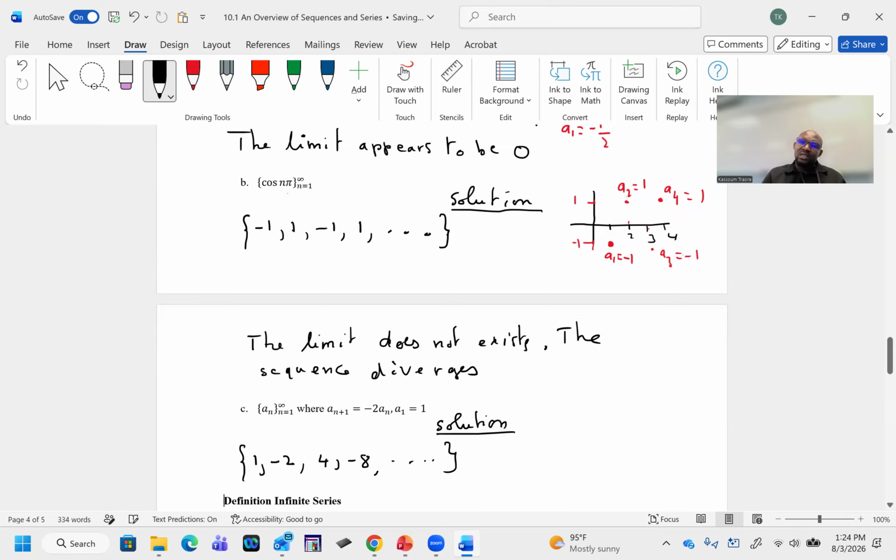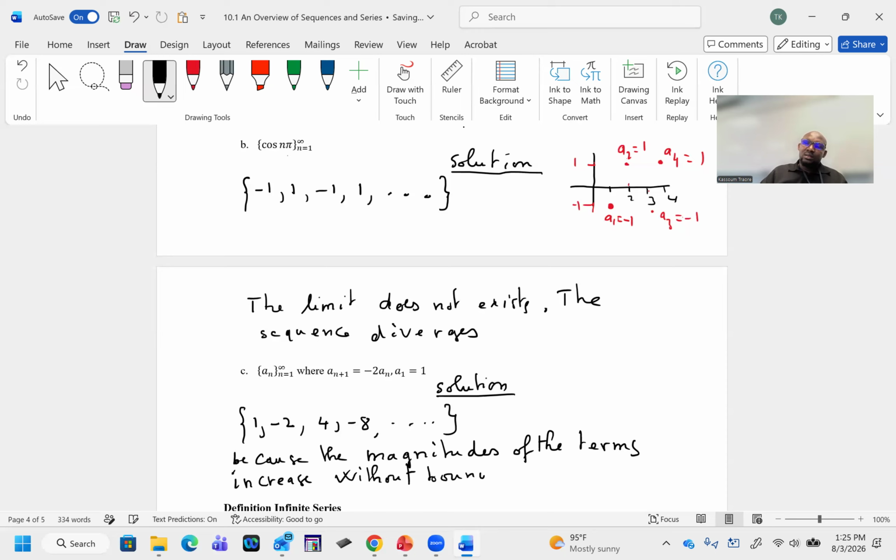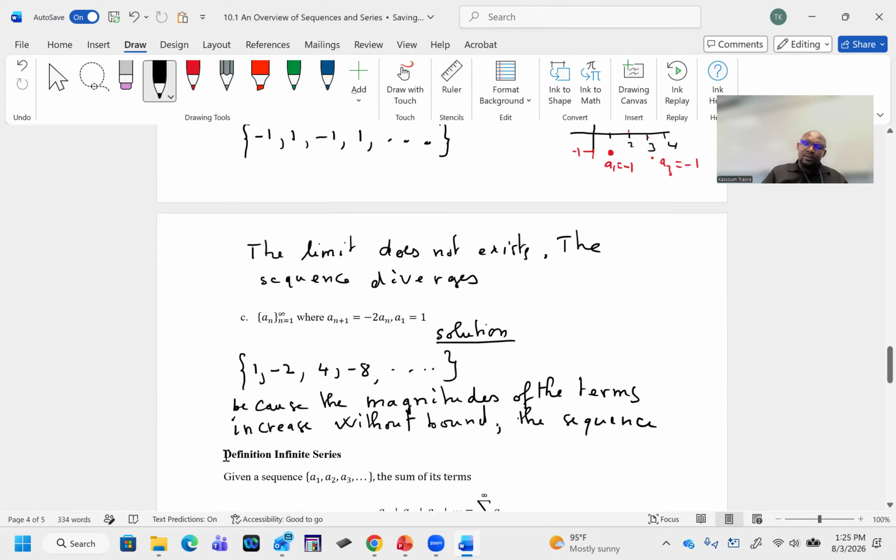Because the magnitude of the terms increases without bound, so the sequence diverges, okay?